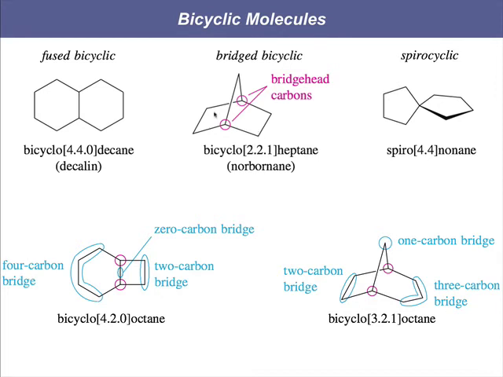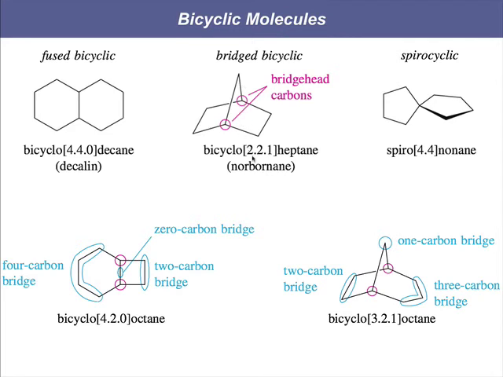So 2 on one side, 2 on the other side, and then the last number is the single carbon in the bridge. It's a 1 carbon bridge. So 2.2.1 heptane means we've got 2 carbons on one side of a bridge, 2 carbons on the other side of the bridge. We've got 1 carbon between the bridge.